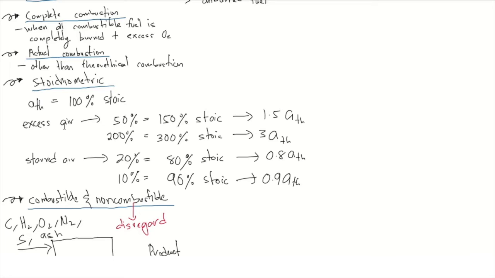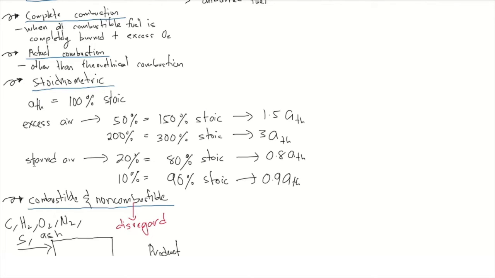For example, 50% excess air or 200% excess air, meaning it's actually 150% stoichiometric, 50% more compared to the stoichiometric. For the case of 200% excess air, it becomes 300% stoichiometric. And then during calculation, you can put it as 1.5 ATH or 3 ATH, right?